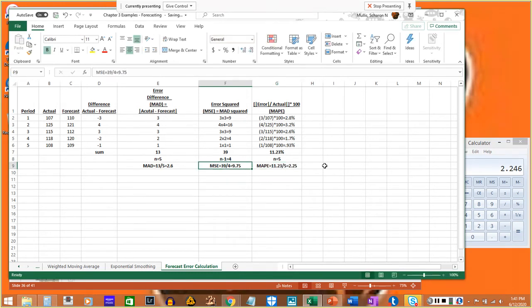So that's how you calculate the mean absolute deviation, which is the average absolute forecast errors. Mean squared errors, which is the average of squared forecast errors. And the mean absolute percent error, which is the average absolute percent error.